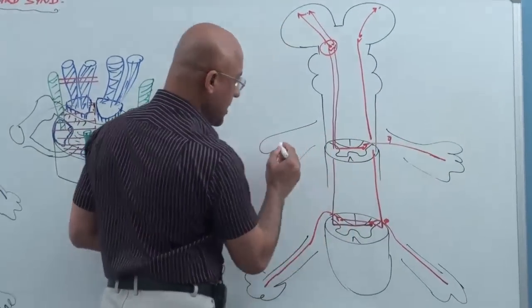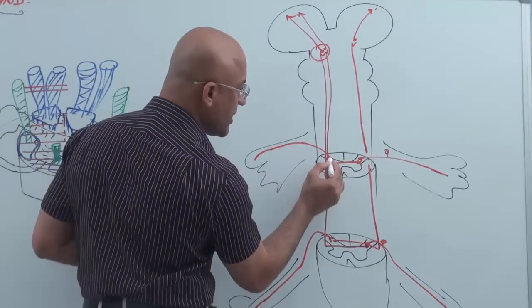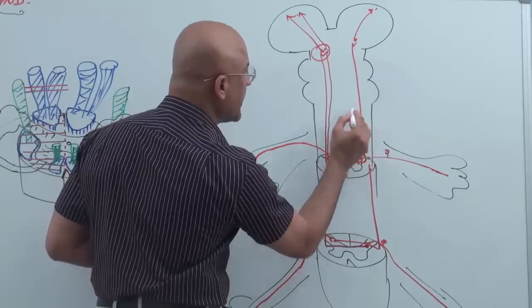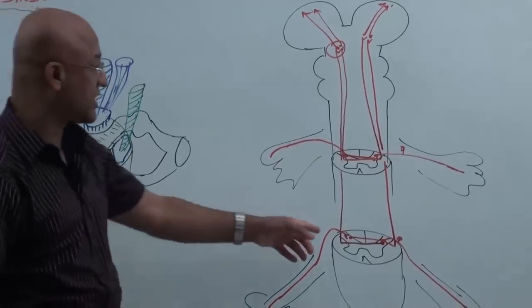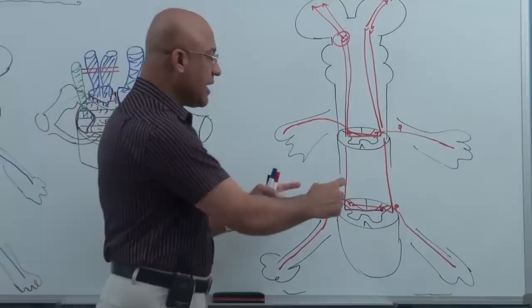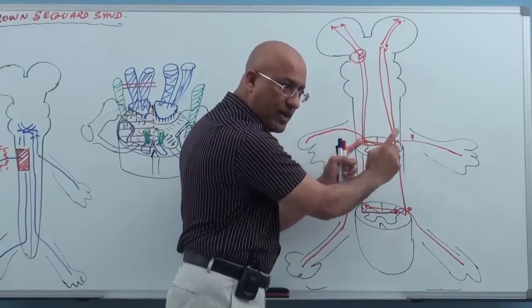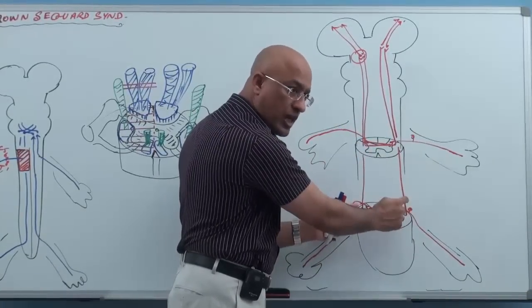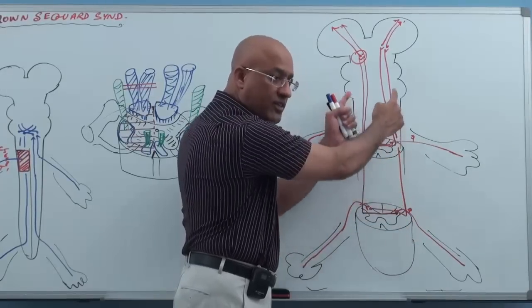From the upper limb on the right side, the fibers similarly come, end up here, cross to the opposite side and go upward. Now what is the important thing to understand? In the lateral spinothalamic pathway, pain and temperature modalities are taken up.